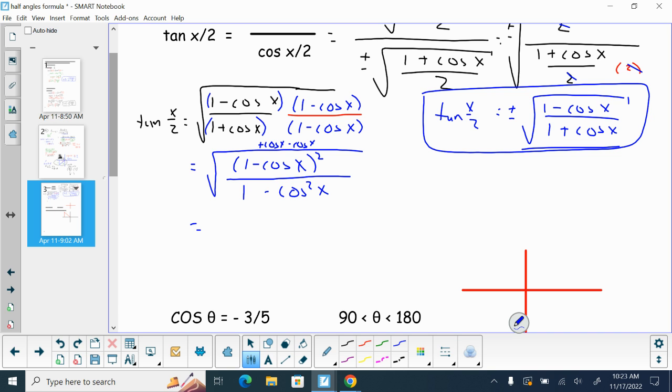So we have square root of 1 minus cosine of x squared over sine squared of x. Well, both my quantities are being squared, so they cancel out. We're just left with the tangent of x over 2 is equal to 1 minus cosine of x over the sine of x.